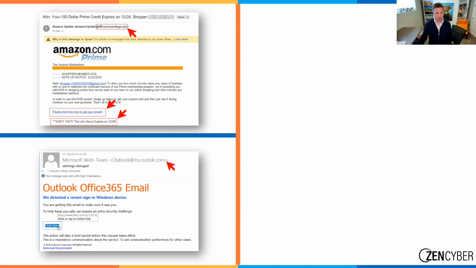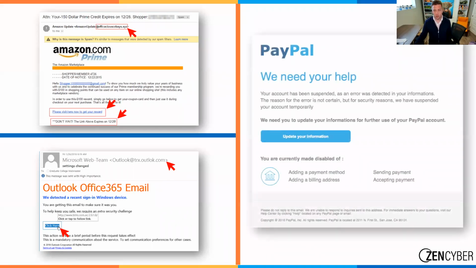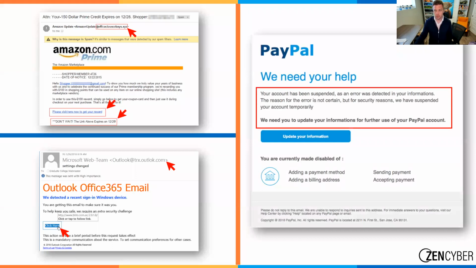On this one in particular, it's saying that they detected a recent sign-in, but when you hover your mouse over the link, we see that it's not even going to outlook.com, it's going to blito.com.ar. So we immediately would know that one is illegitimate.